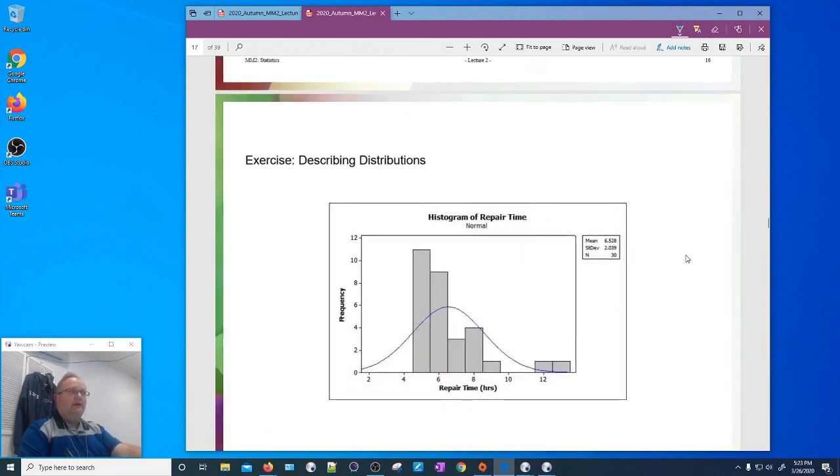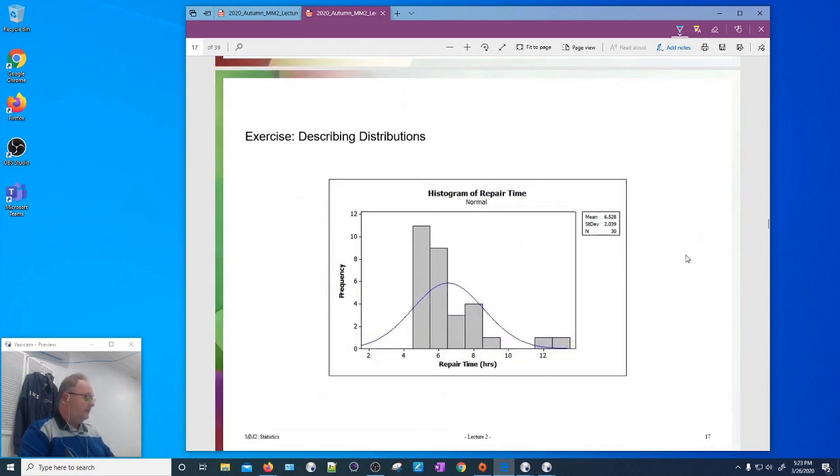Alright, so we've got a histogram of repair time, lots of different examples that come up in the sections that we use. In this particular example, if I have a look at a normal distribution, what would my version of that be? Well, it's heading off in a slightly different direction. It's going up like this and then coming down, and down it comes.